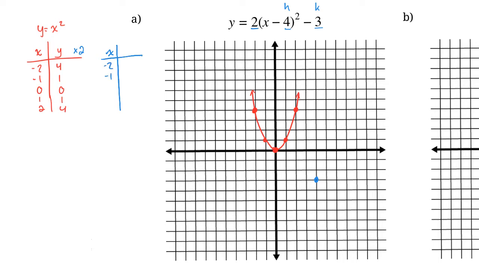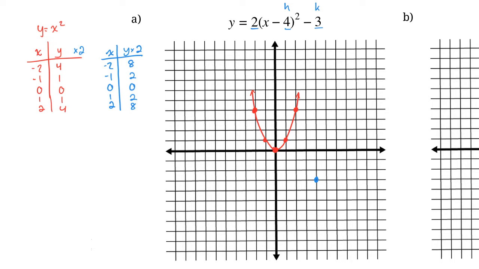So -2, -1, 0, 1, and 2, because those aren't really changing. And then we're going to multiply all of our y values by 2. So 4 times 2 is 8, 1 times 2 is 2, 0 times 2 is 0, and those repeat. These are not the new coordinates of the new quadratic, it's just a pattern that we're going to follow.